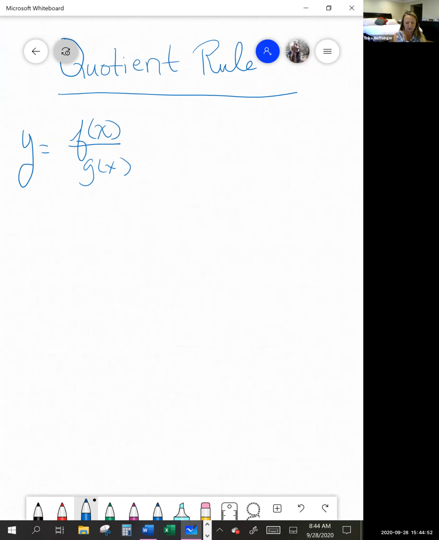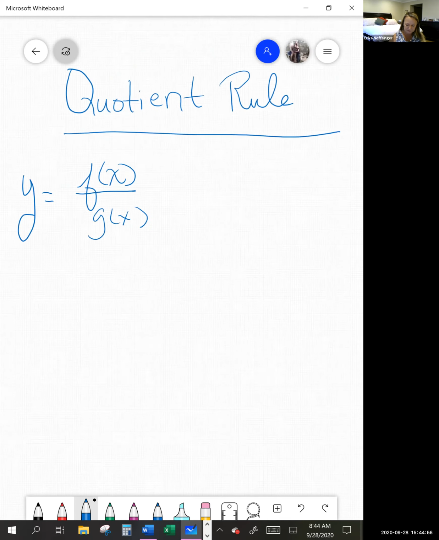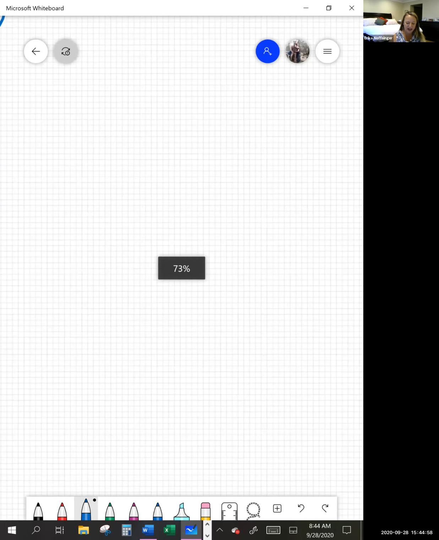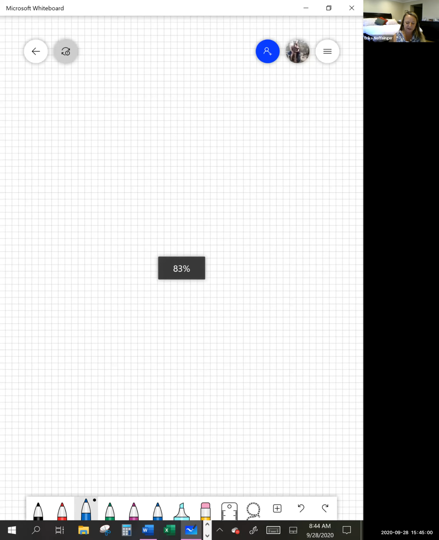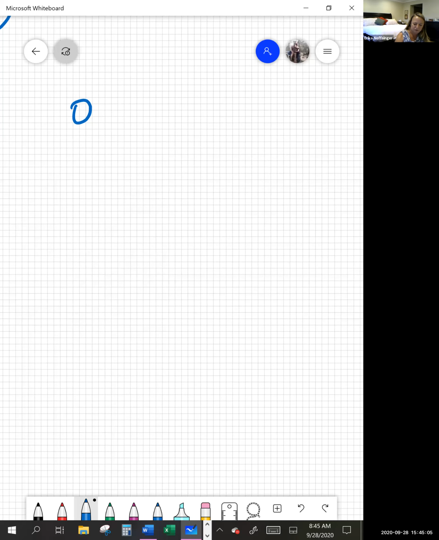Okay, so we have y is equal to some function f of x all over some function g of x. We're given that they're both differentiable. We have to say that g of x can't equal 0.